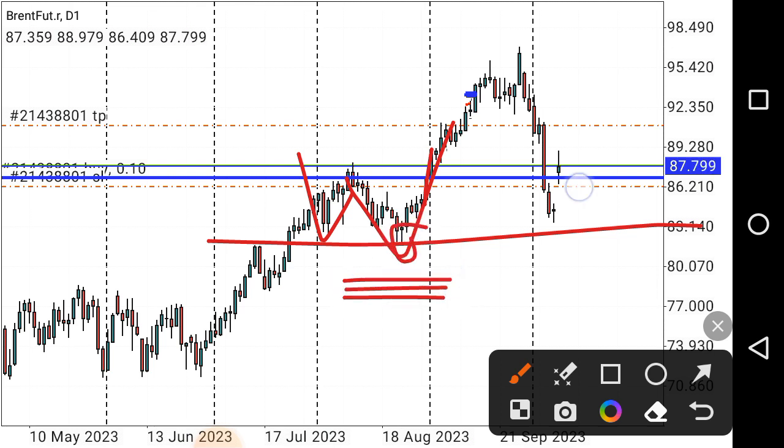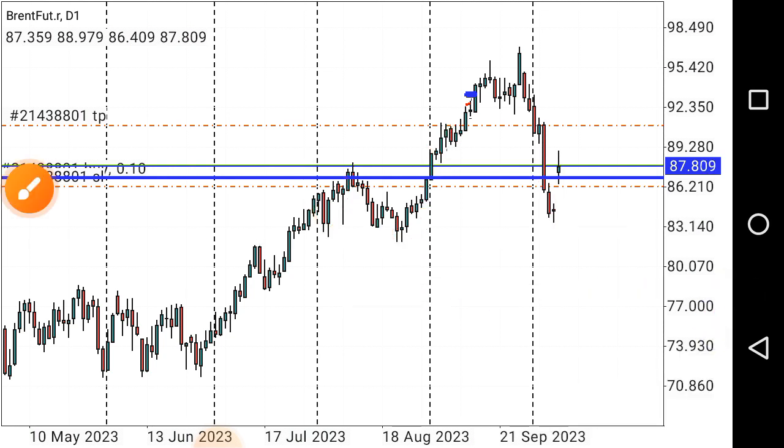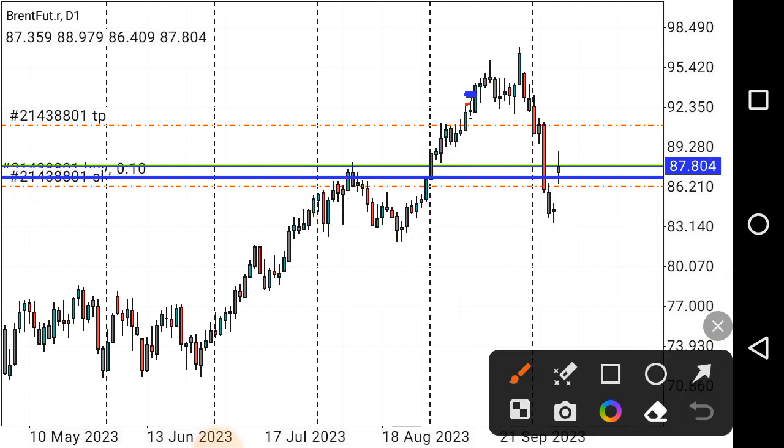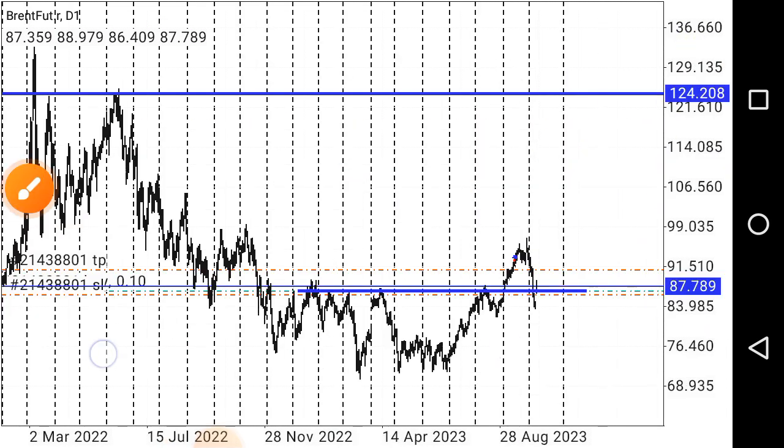So there's a lot of money stuck here where we have that gap, as well as where we have the candlestick, in addition to just around this area over here. And what this means is that as much as I'm saying that we should look for buy opportunities, it is quite possible that the market may go down to collect all of these liquidity areas and then only move further up, right?